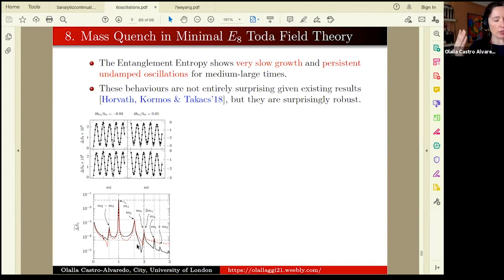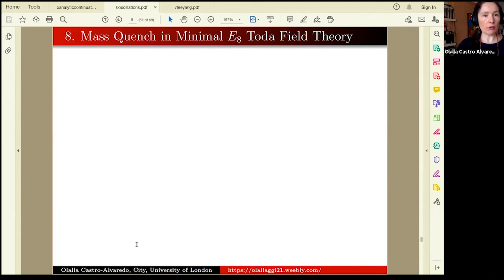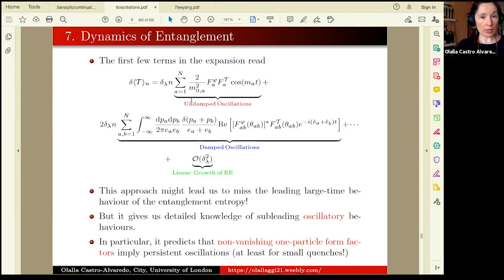What is interesting is not only that we see those masses very clearly in the numerics, but that the height of these peaks is directly related to the coefficient in this expansion here. So the height of the peaks is essentially the one-particle form factors, okay? It's the coefficient of the sine.